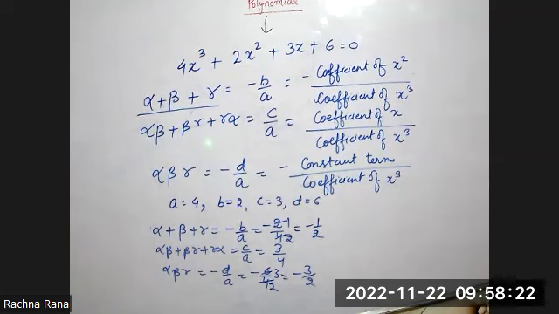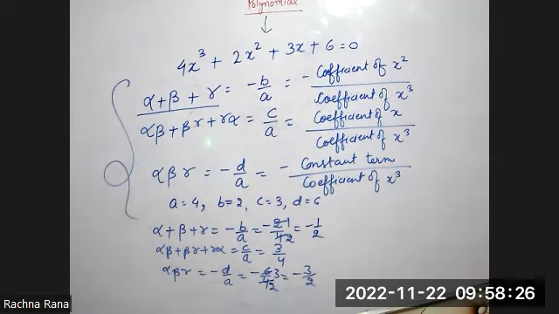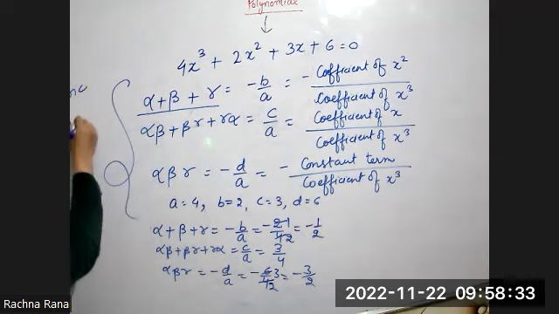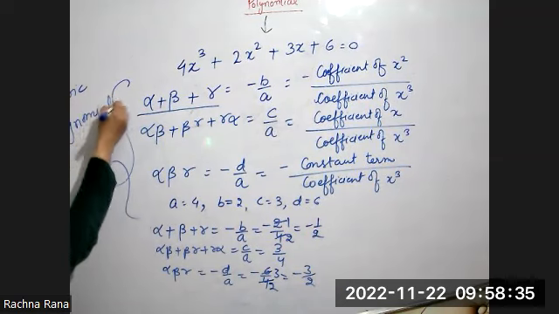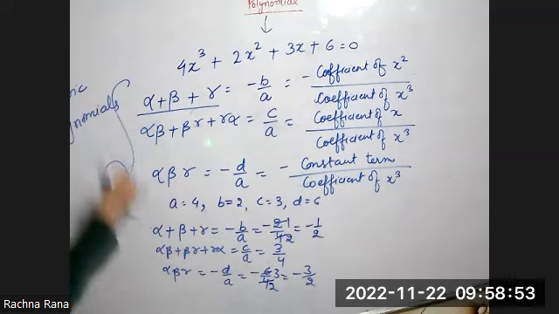We have to keep in mind these formulas are implemented only when the polynomial is cubic. If alpha, beta, gamma are the zeros of a cubic polynomial, ax raised to power 3 plus bx raised to power 2 plus cx plus d equal to 0, then we have to implement these formulas.